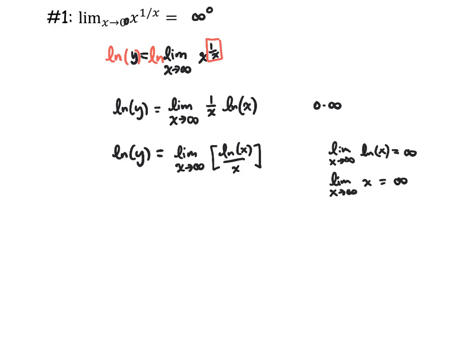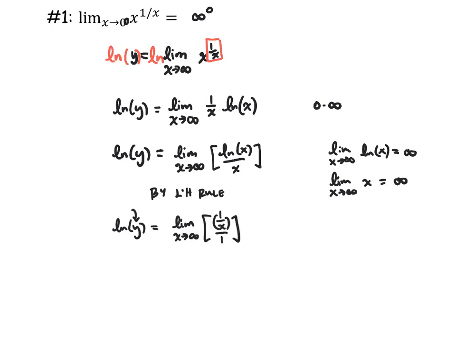So by L'Hopital's rule, the ln of y, again, y is the output that we're seeking, that is the value of this limit, should be equal to the limit as x approaches infinity of the derivative of ln of x, which is 1 over x, over the derivative of x, which is 1.